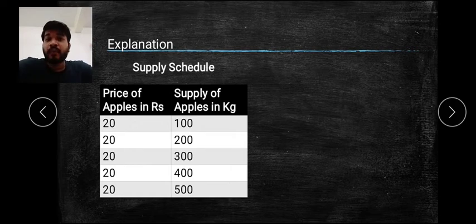But why, and what is the factor? Here again, as in the earlier expansion and contraction, we take the middle value as the initial value: at rupees 20, 300 is our supply. Now what is happening?